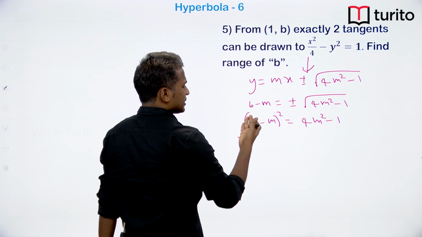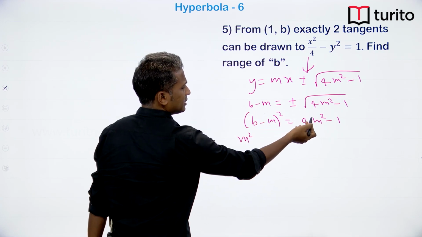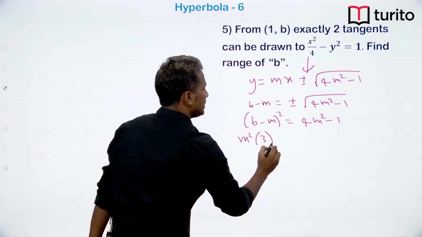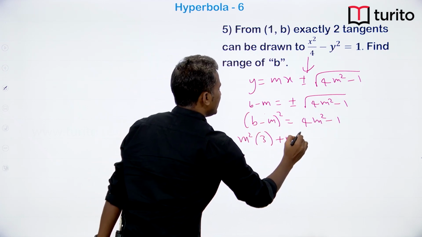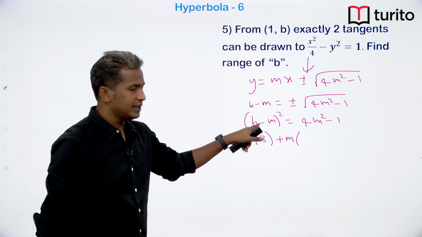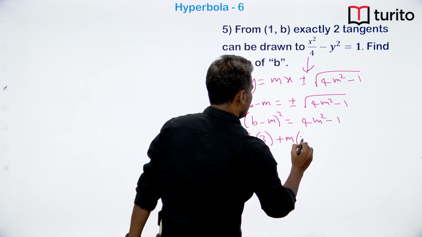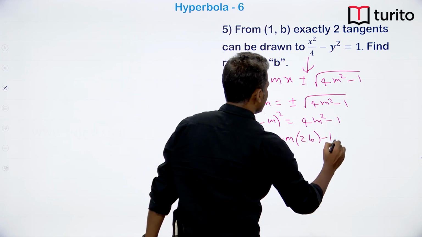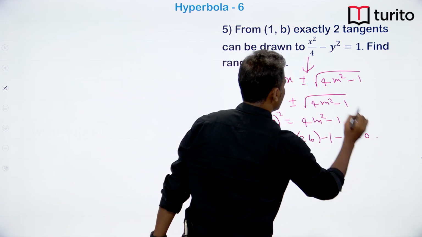Taking everything to the RHS, I get 3 m square plus 2b m plus minus 1 minus b square, equal to 0.